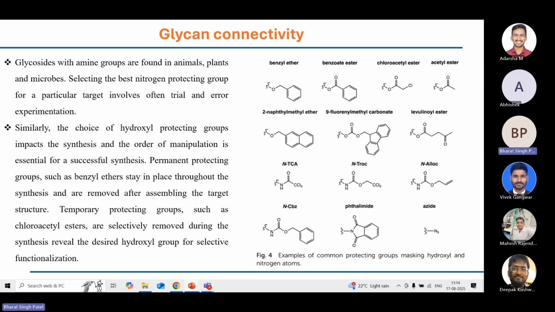So these are the protecting groups for the hydroxy group and the amine nitrogen for the amino sugars. Each and every protecting group will lead to stereoselectivity, and an orthogonal protecting group can be modified or installed in between or after the glycosylation.